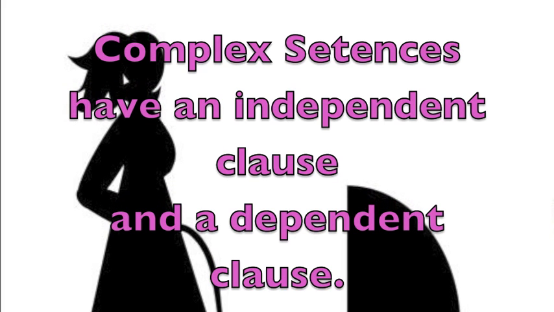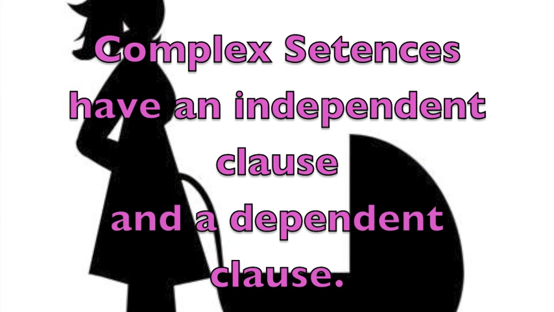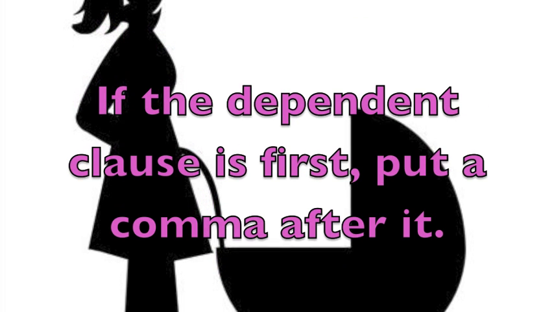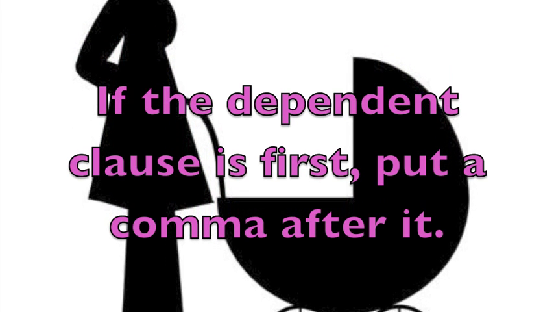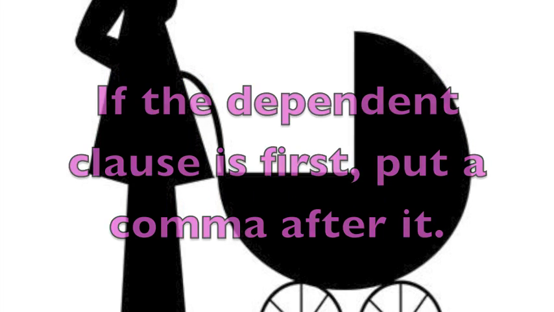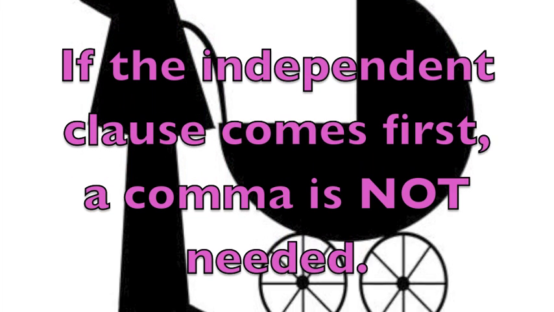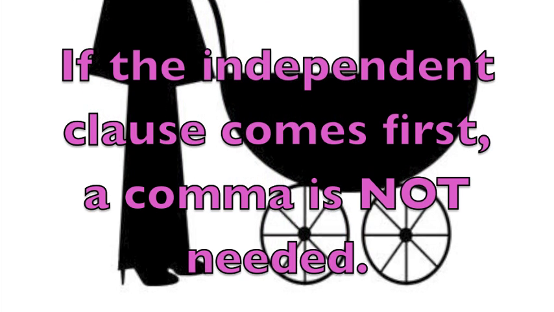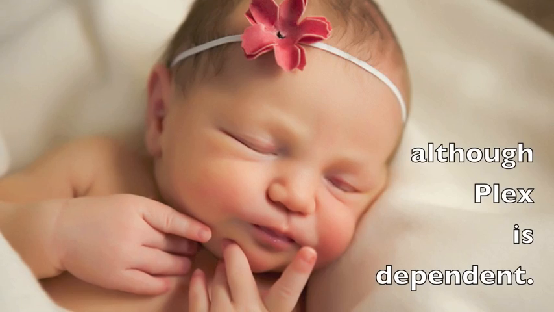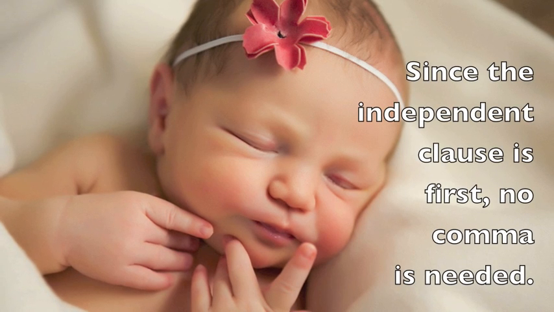So, now you know about complex sentences. Don't forget, if you start off with a dependent clause, you need to put a comma after it. If the clause comes after the independent clause, you do not need a comma. For example, if you said, Miss Comb is independent, although Plex is dependent, you do not need a comma.